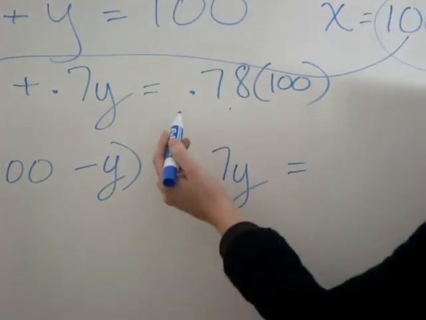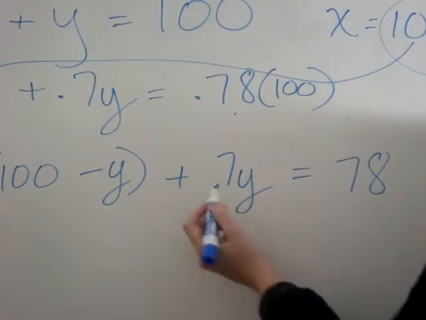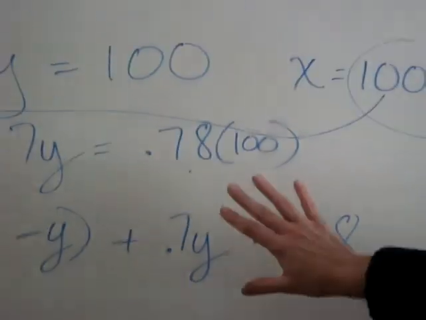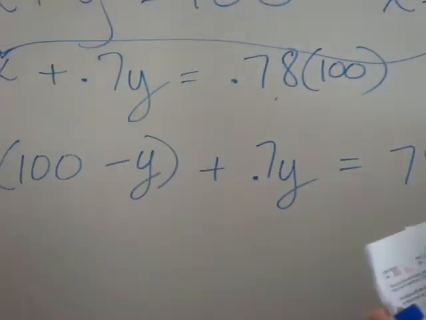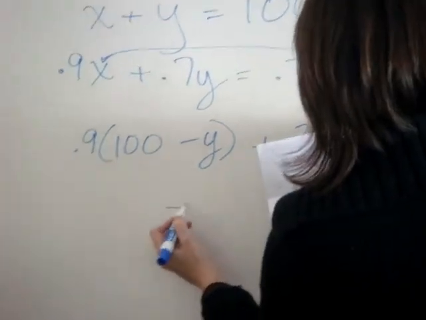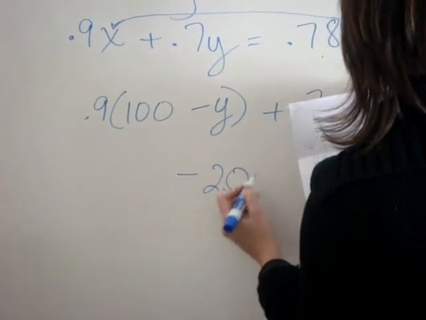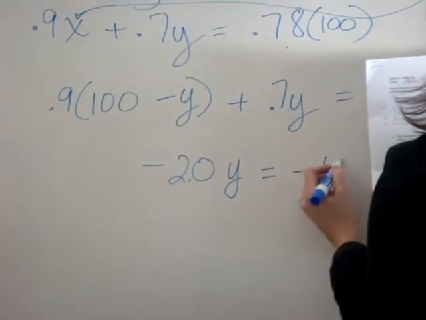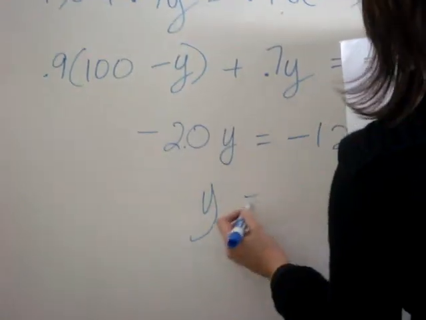That was bad. Equals 78. So this times this times this, and this times this, even though I didn't write that. So now we just solve it for y. This is simple solving. And we're going to get negative 2.0 y equals negative 12, and y is going to equal 60.